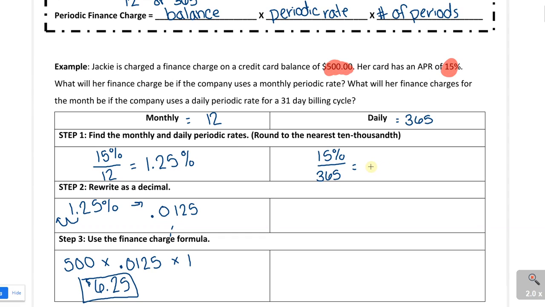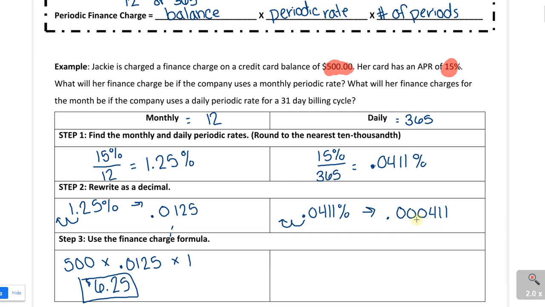And when we do that, we get 0.0411%. Now we need to change the percent to a decimal. So move the decimal 2 places to the left. So our percent changes to 0.000411.